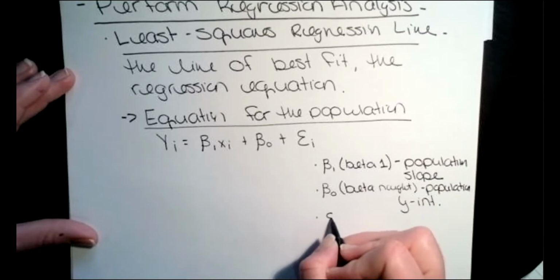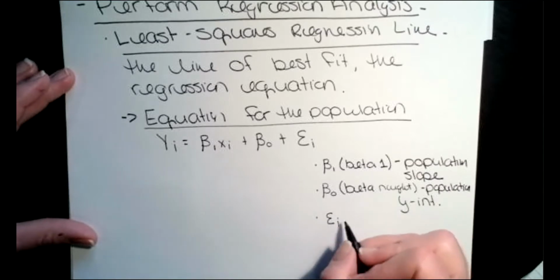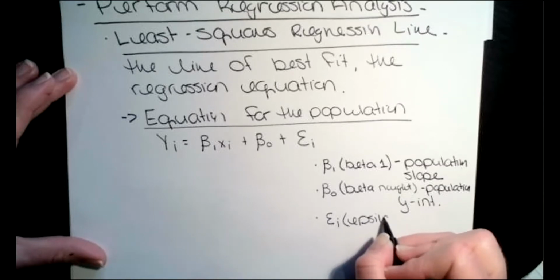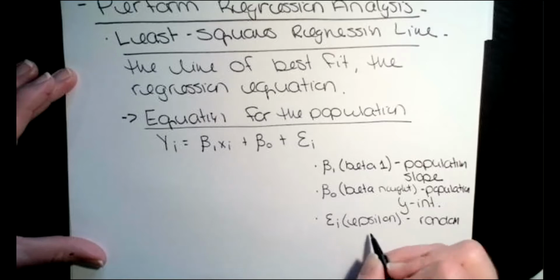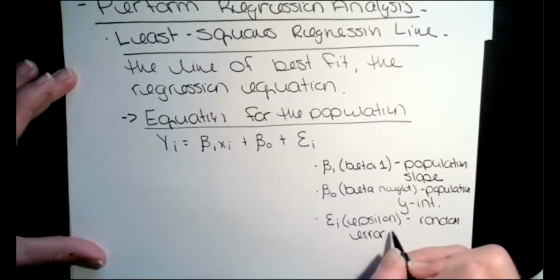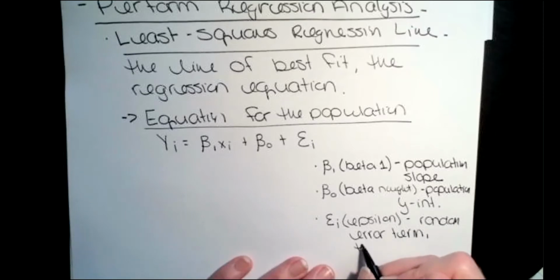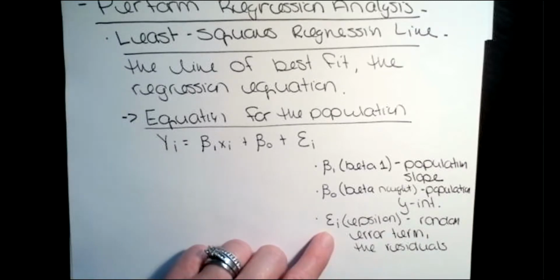Then we have this epsilon. This is what we call our random error term. This is the residuals. That's all this is, my error, right?